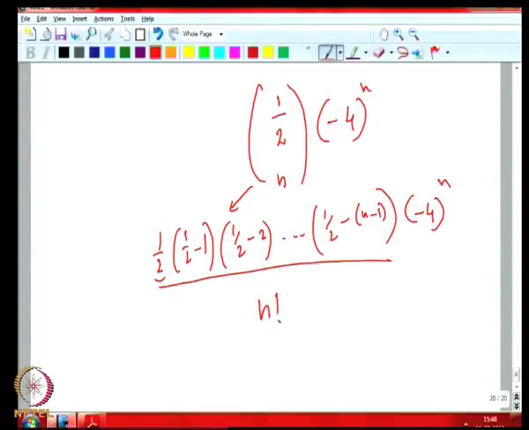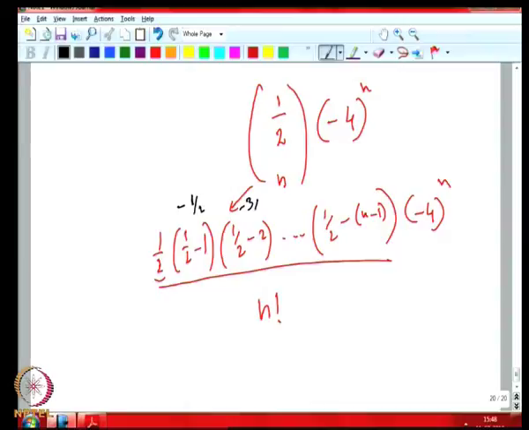If you have forgotten how to do this, you have to go back to some classes where we discussed this kind of thing and figure out what this was. And now we can see half is here. This is half minus 1, which can be written as minus 1 by 2, and this is half minus 2, that is 1 minus 4 minus 3 by 2.